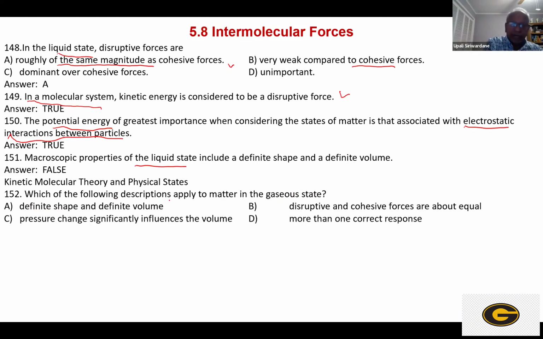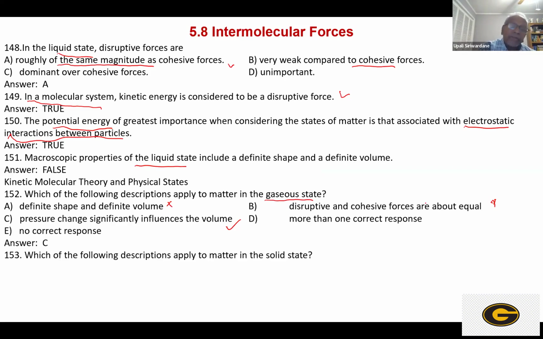Definite volume, that is solid. Disruptive and cohesive are equal, that's the liquid state. Pressure changes significantly influence because the particles are far apart in the gaseous state. Changes in volume influence the pressure changes. That's the correct answer. C is the correct answer.